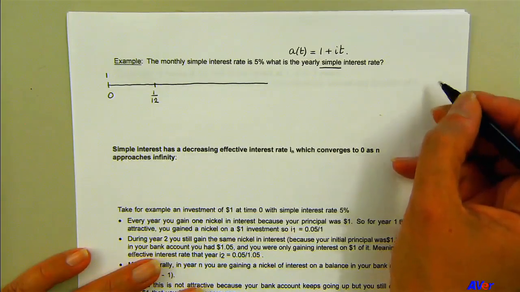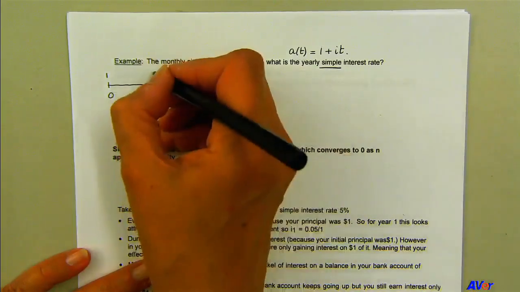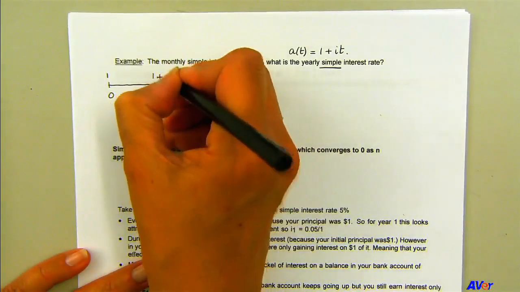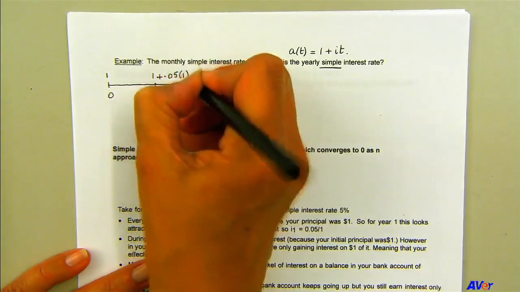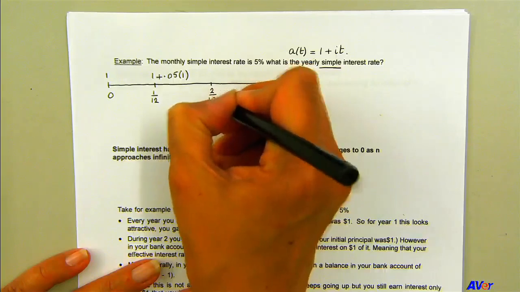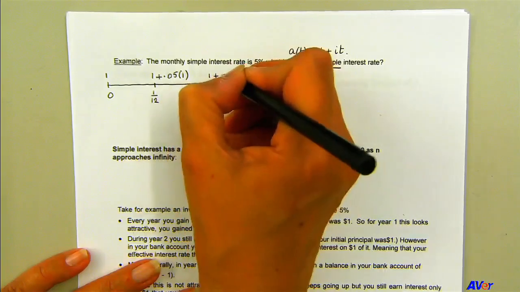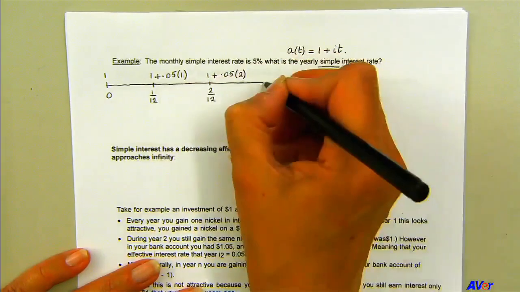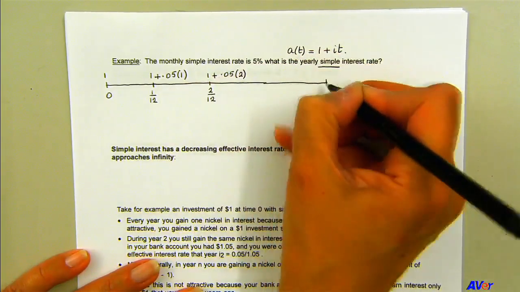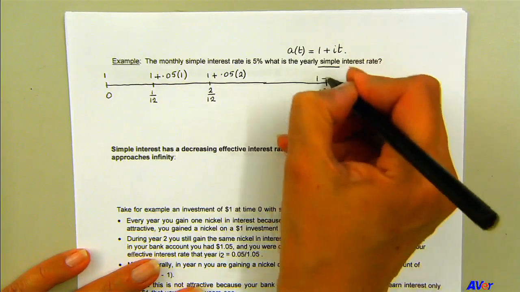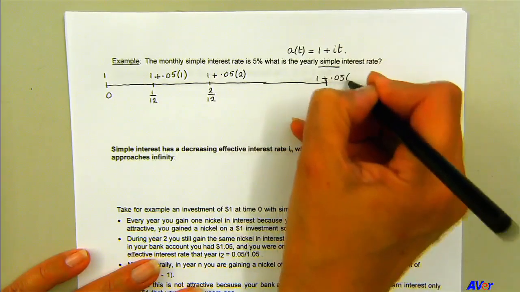So $1.05, 1 plus 0.05 times 1. And then at 2 over 12, you have 1 plus 0.05 times 2, and so forth. So at 12 over 12, which is 1 year, you have 1 plus 0.05 times 12.